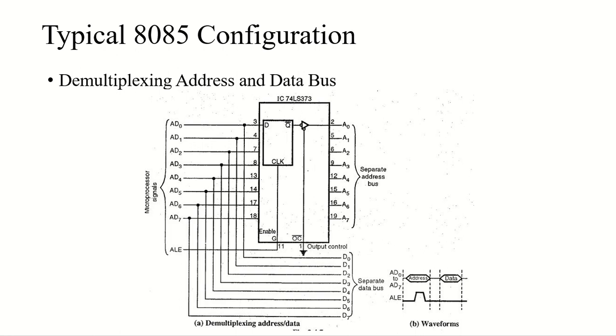By using these lines, we can generate four signals: read or write for memory, and read or write for input output devices. So the control signals required are active low, and we call them MEMR, memory read, and MEMW, memory write. And then we have IOR, input output read, and IOW, input output write.